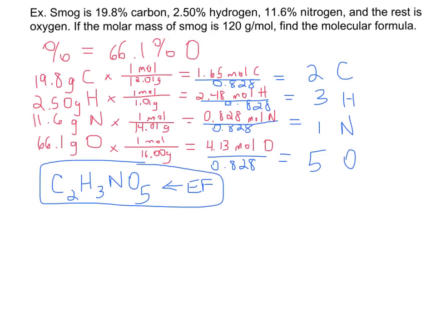So the next step after we have our empirical formula is to write the molecular formula. And again, how we do that is we take the molar mass of the compound and divide by the empirical molar mass. The molar mass of the compound, I tell you up here, is 120 grams per mole.